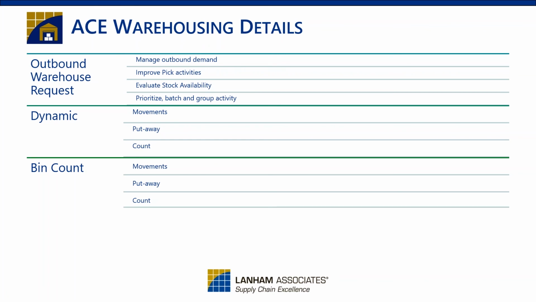Bin counting is a module that exists. Now, this one, unfortunately, is just for directed put away and pick environments. It's not extended down into the basic level. But for bin count, that's not right. Those bullets, I must have grabbed the wrong slide. Bin count is a set of functionality which allows us to count in a better way than what base NAV supports.